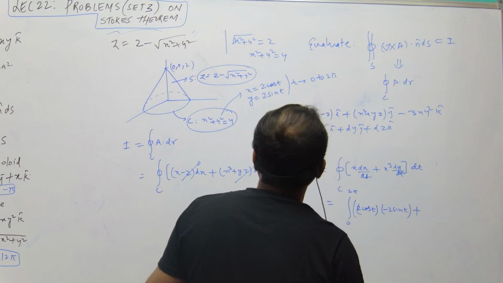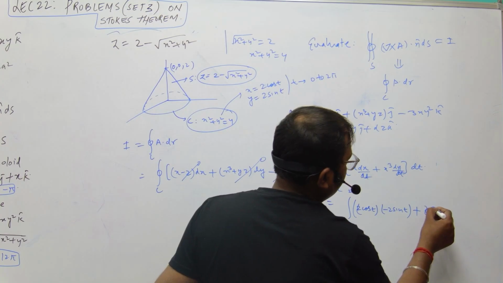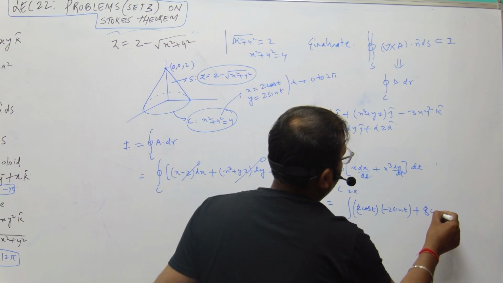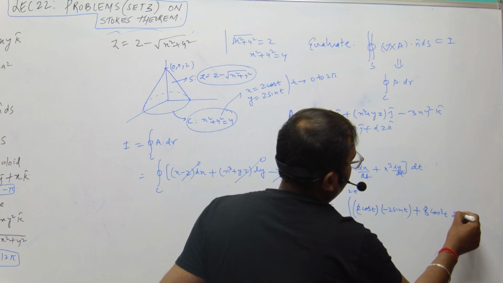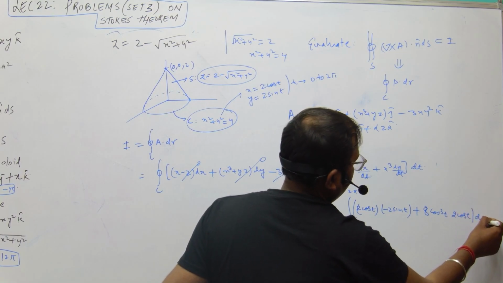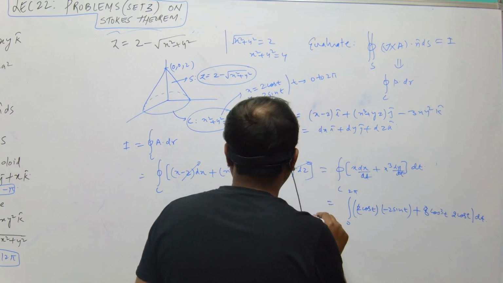Plus x cube, which is 8 cos cube t, into dy upon dt, which is 2 cos t, into dt. This is the value of I.